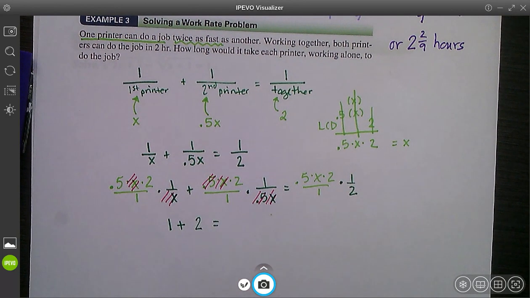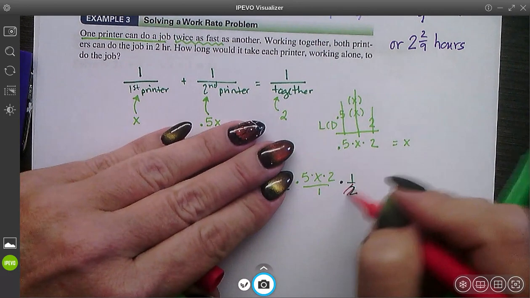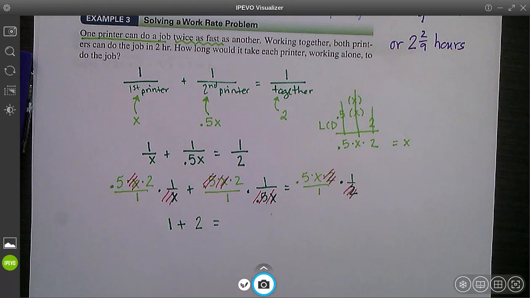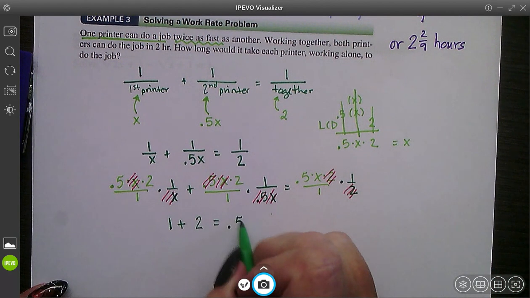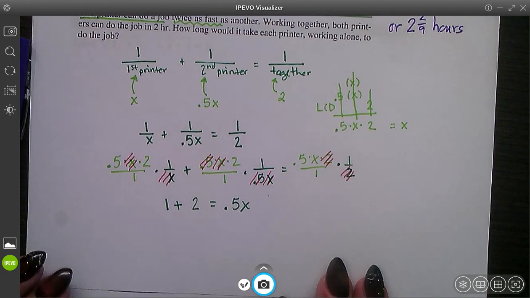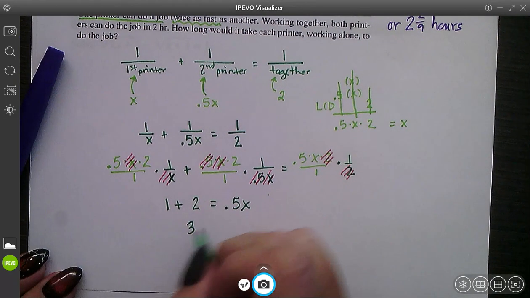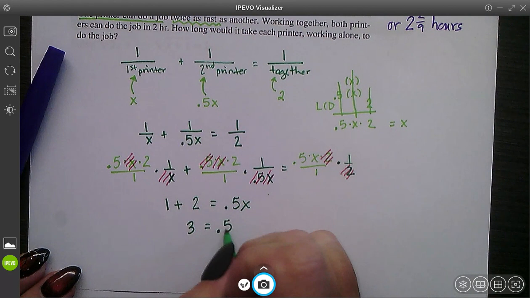On the right side, I can cancel off the 2's, and I'm left with 0.5x. So the equation I'm looking at is 3 equals 0.5x.